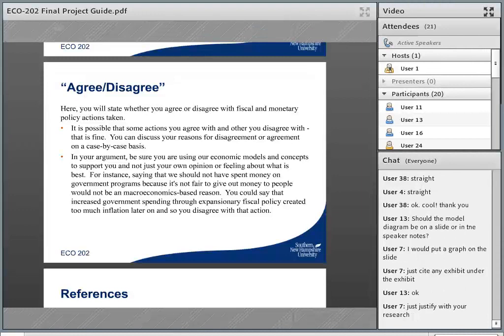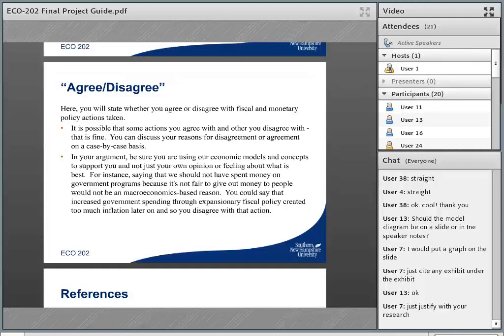Somebody might prioritize inflation, someone else might prioritize unemployment. Some people might prioritize stability in the markets, somebody else might prioritize poverty reduction. So there are different things that you could say made this a success or not a success, or that you agree or don't agree with, depending on what you think is more important. So there is room to disagree or agree with how things went.